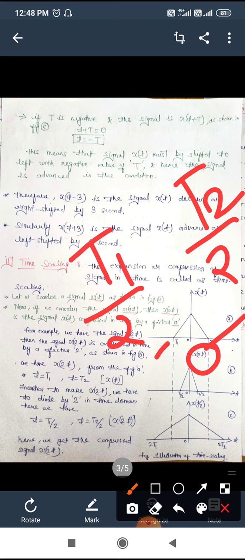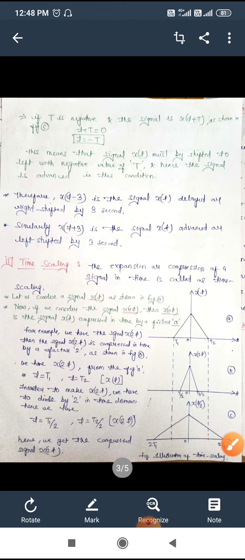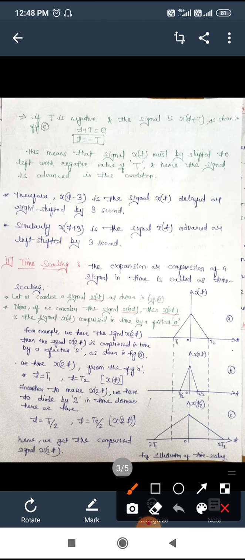So obviously if t1 and t2 are divided by 2, the value must decrease, not increase. Obviously your diagram must be compressed in the time domain only. In magnitude its value remains the same. Only in the time domain does it get compressed.